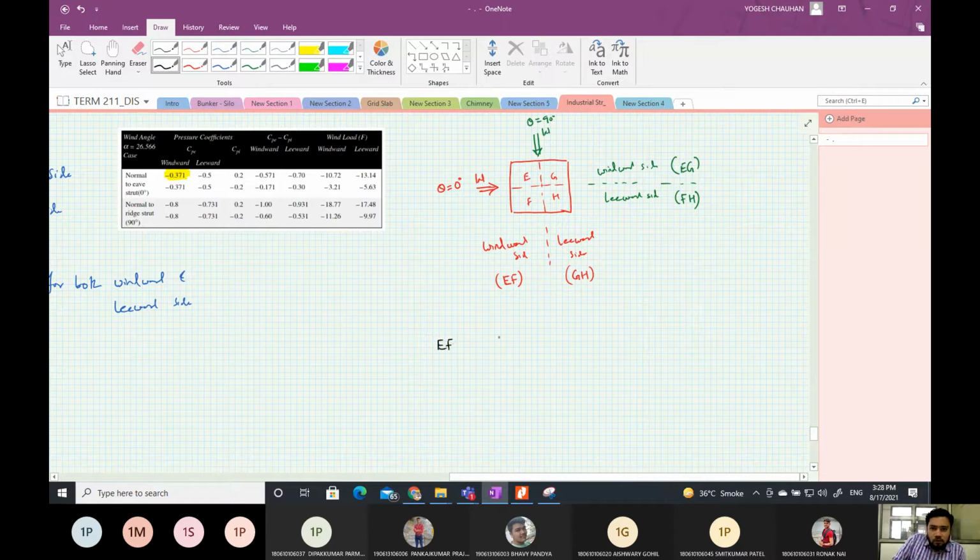EF, GH: these are when theta is equal to 0 degree. Then you have theta equal to 90 degree, you have coefficients EG and HF or FH.